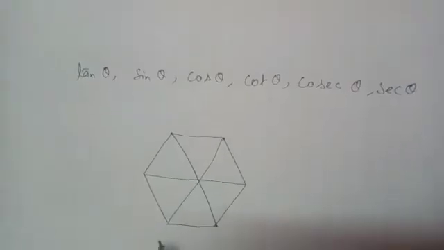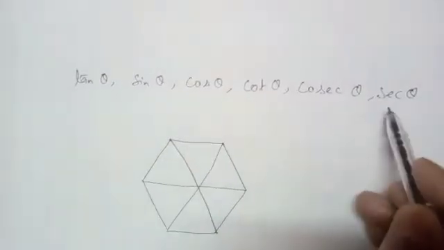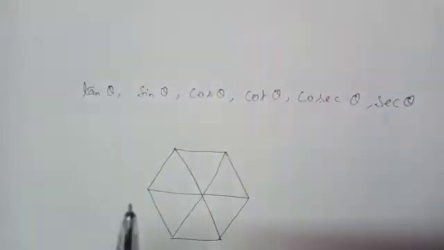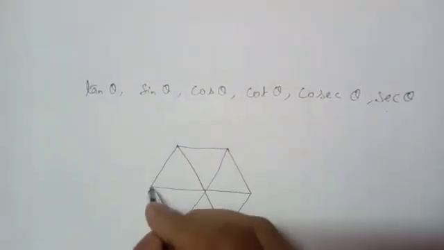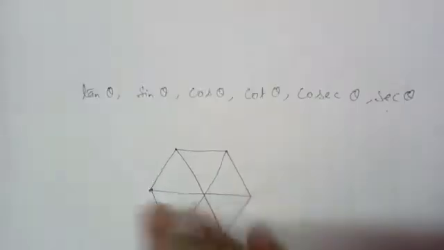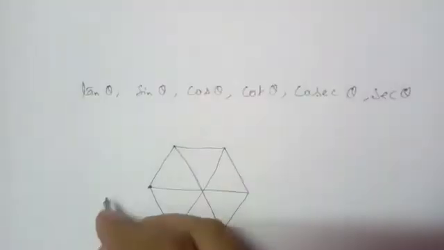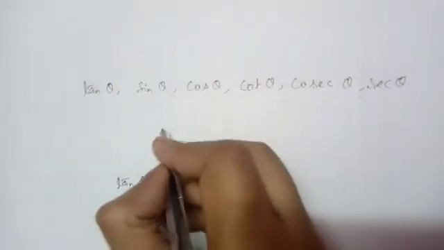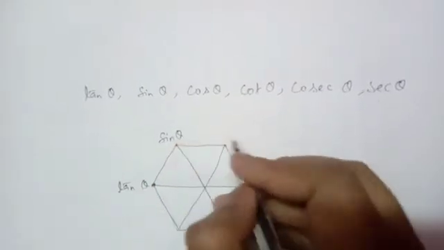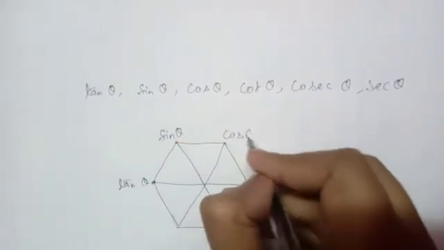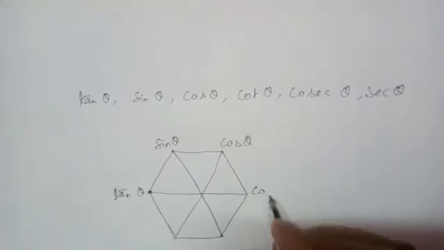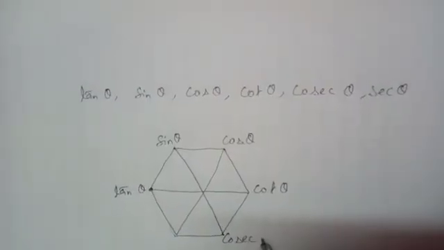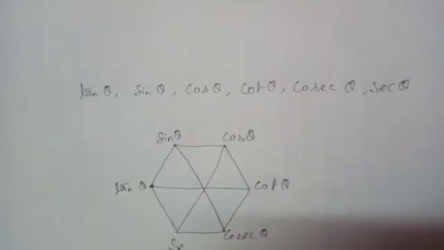What we have to do is write all these 6 trigonometric ratios in the same pattern as I have written, starting from this point in the clockwise direction: tan theta, sin theta, cos theta, cot theta, cosec theta, then sec theta.